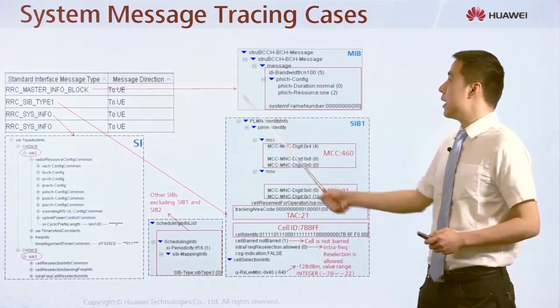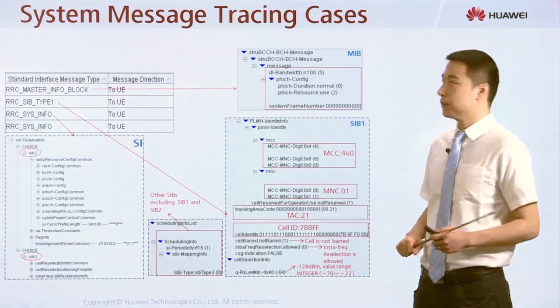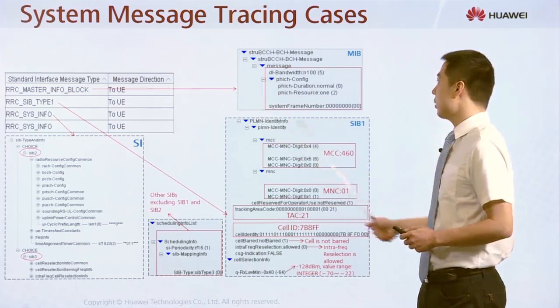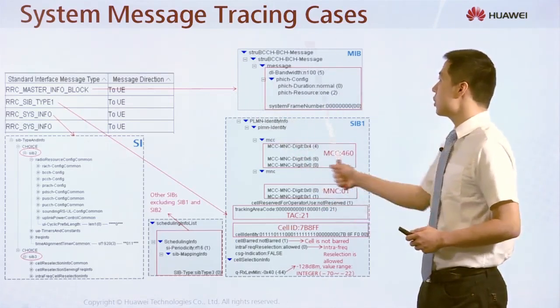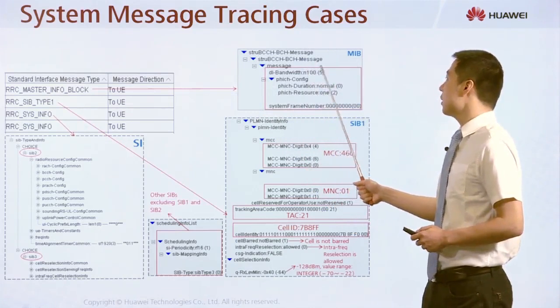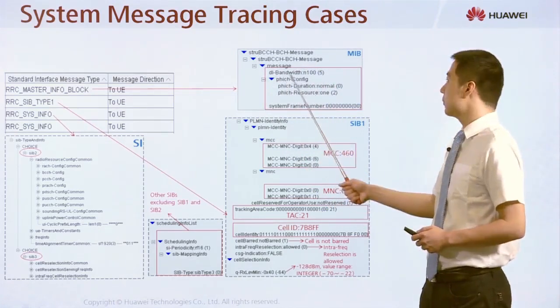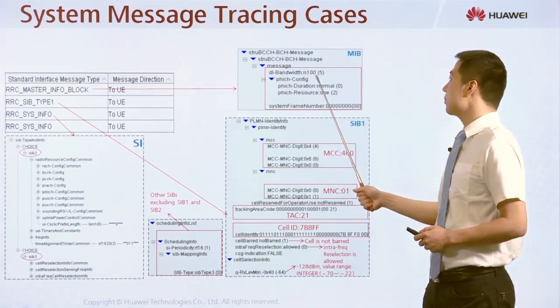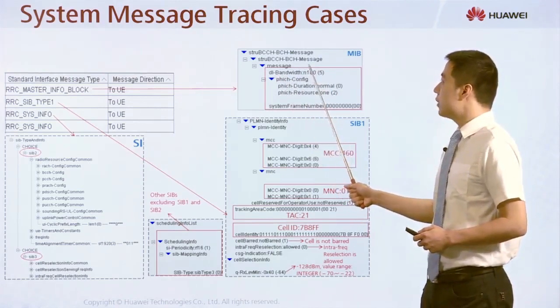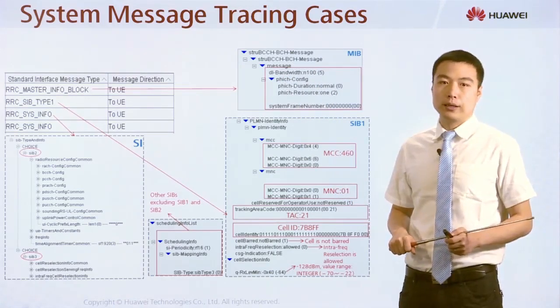This is the content of the master information block. We call it MIB for short. Look at these squares. These squares show the content of the MIB message. In the MIB message, there is one piece of information that is very important for the UE. Here, downlink bandwidth. This indicates the bandwidth of the downlink.